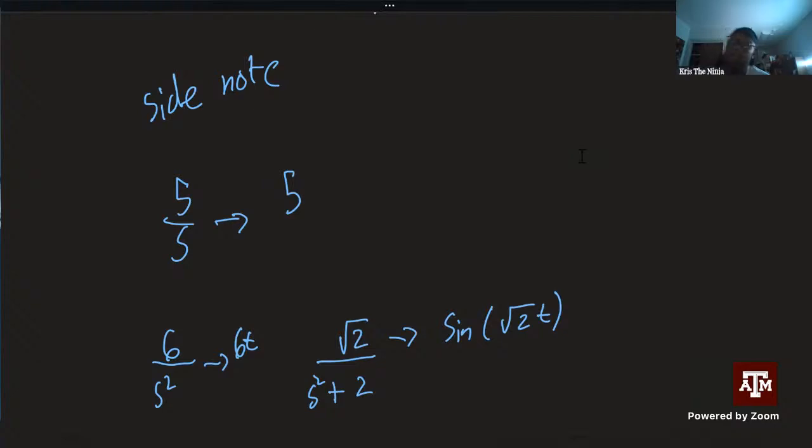So the inverse Laplace is not difficult to do. Inherently, the tricky part comes in with all the algebra and extra math steps that you have to take.